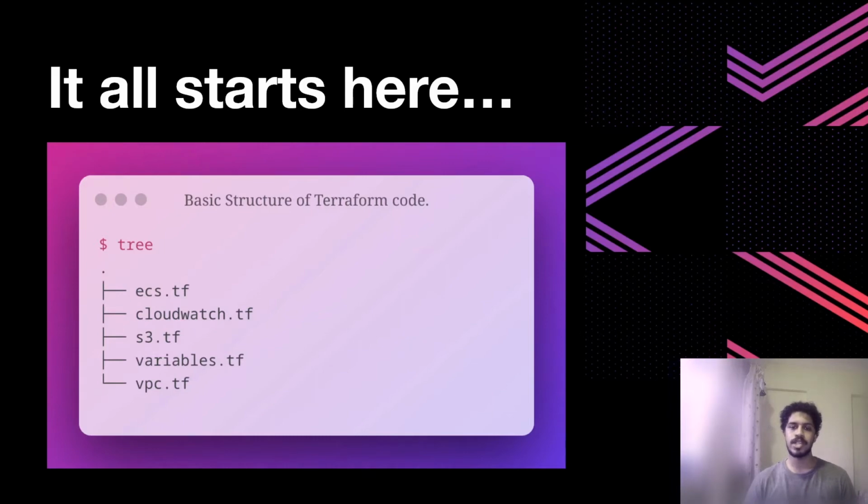This is good for starting out for small companies where you have less than 10 or 20 resources. I'm talking about all the resources, like not subnets, route tables, individual resources. I'm just talking about resources in general, like RDS, EC2, something like that.